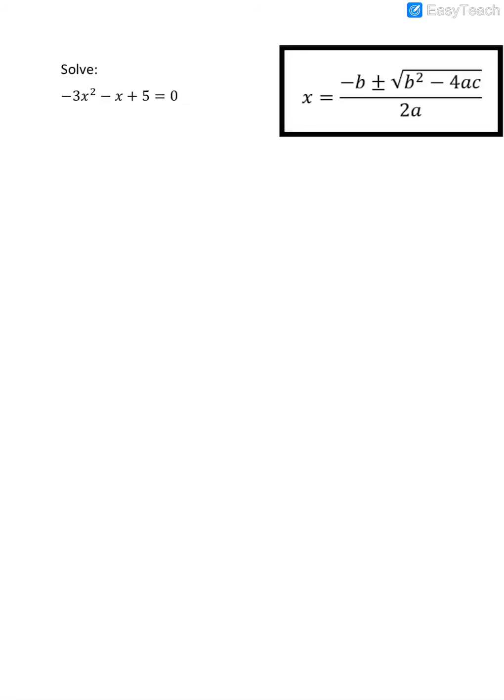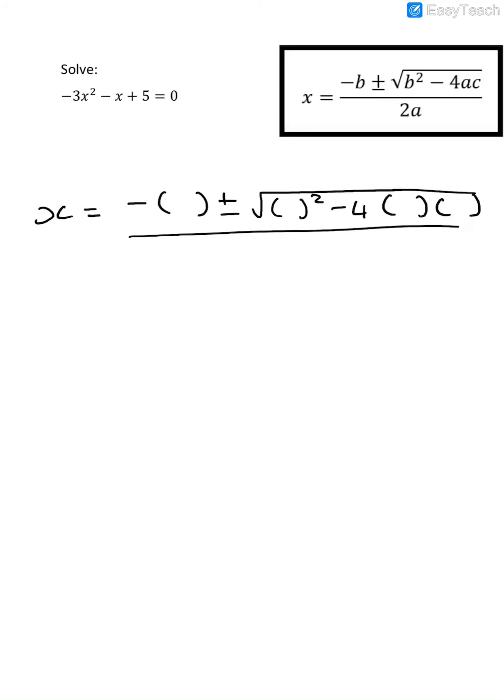Okay, so to do this question again, I'm going to start by doing x equals minus b plus minus the square root of b squared minus 4ac over 2a. b is negative 1.